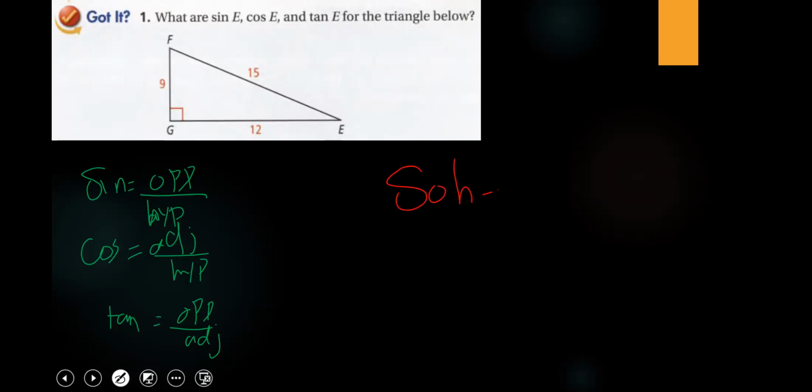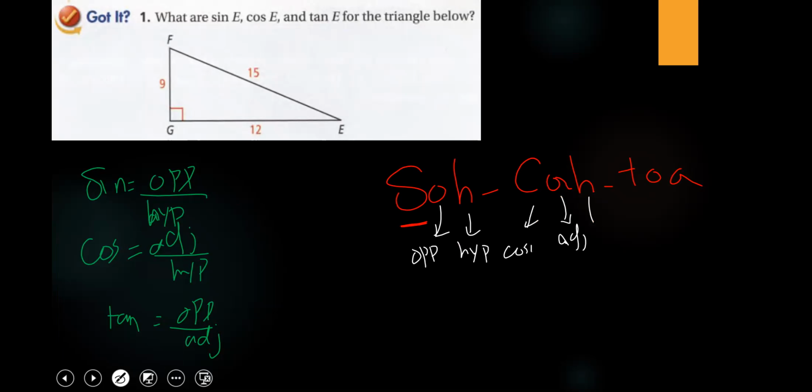S-O-H for sine: sine is opposite over hypotenuse. C-A-H: cosine is adjacent over hypotenuse. And T-O-A: tan is opposite over adjacent. This is a way to memorize them.